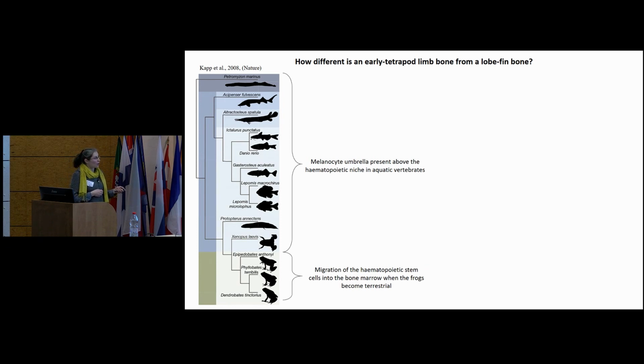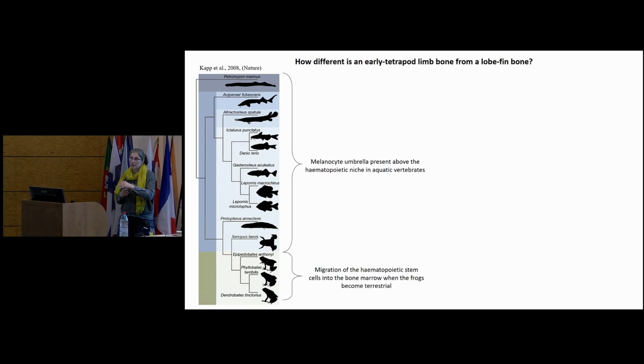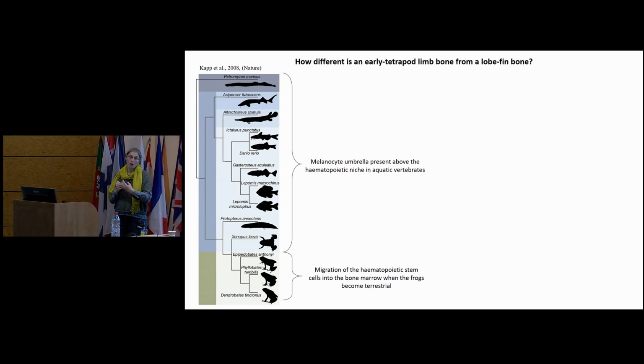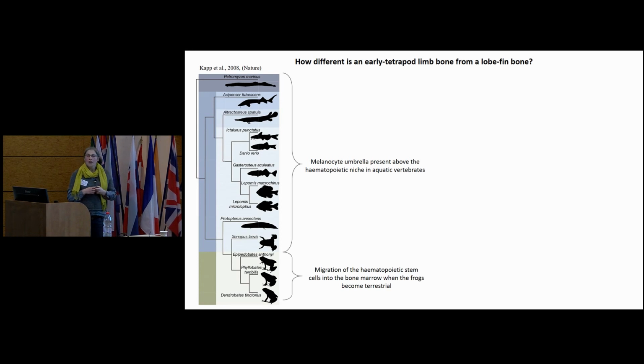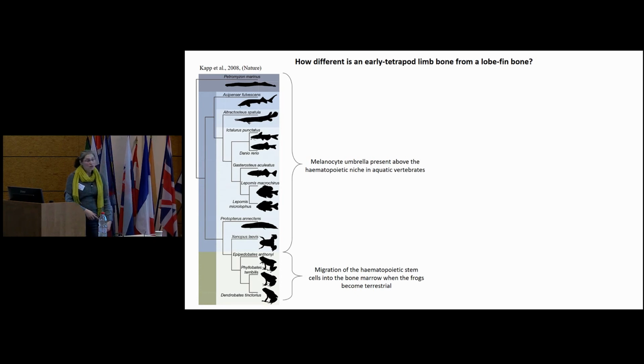And as far as they were looking at amphibious frogs, so these frogs which go from the water up to land, they were seeing a migration of these hematopoietic stem cells from the kidney and the liver, so where the melanocytes could protect them, into the bone marrow.